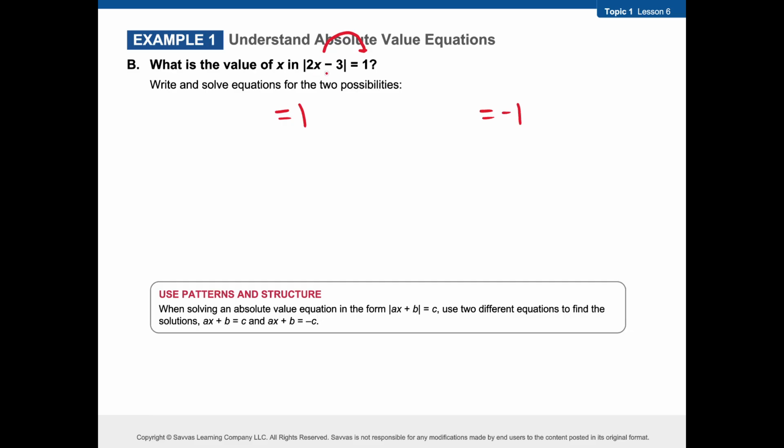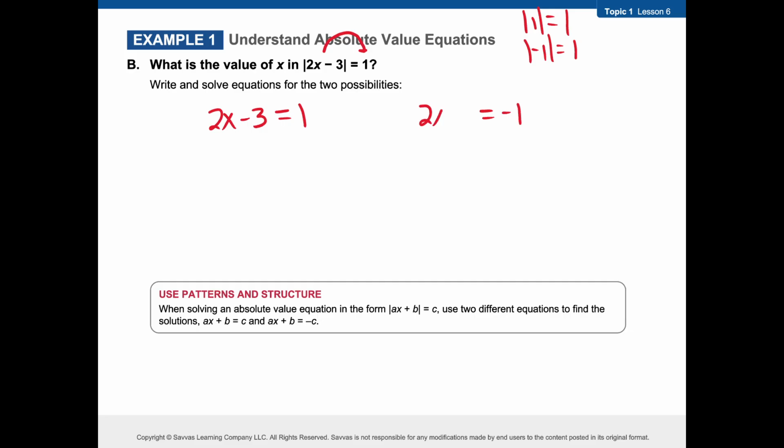So when you have an expression inside the absolute value bars, you have to make 2 equations, one with a positive, the other with a negative, because the absolute value of 1 is 1, absolute value of negative 1 is 1. So we need to see what x can be that would give me a 1, and what x can be that would make it a negative 1.